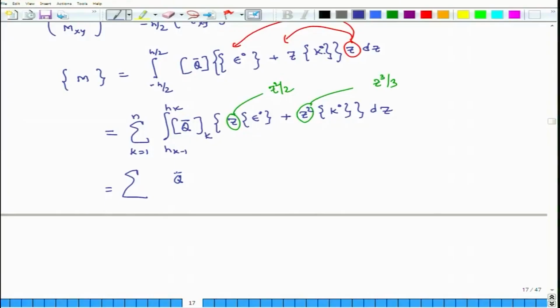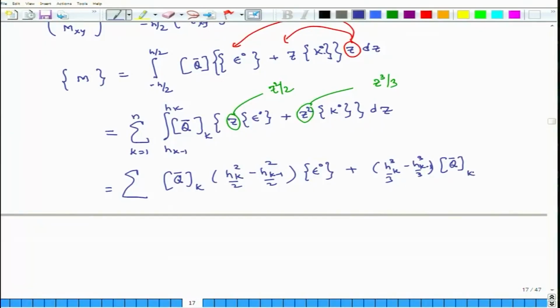So, once I have integrated, I get Q bar for the kth layer times, applying limits on z square by 2, h k square minus h k minus 1 square by 2, times epsilon naught, plus, integrating the other term, h k cube by 3 minus h k minus 1 cube by 3, times Q bar matrix for the kth layer times the mid plane curvature vector.